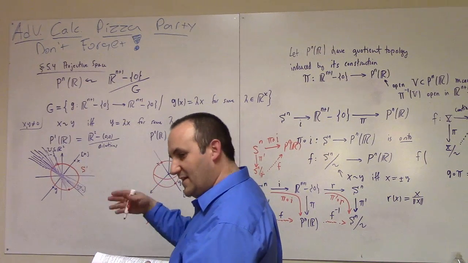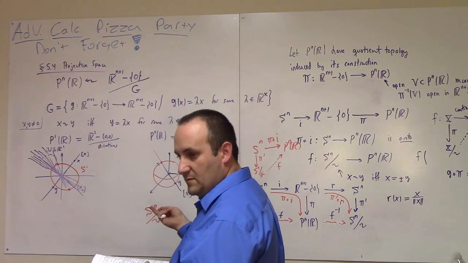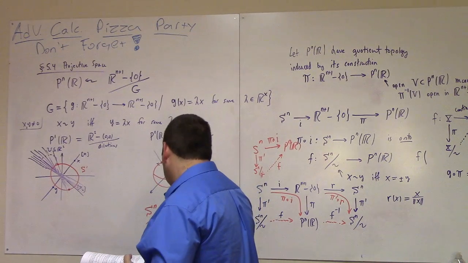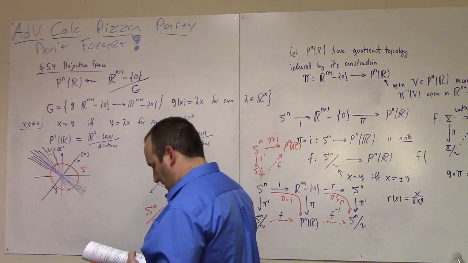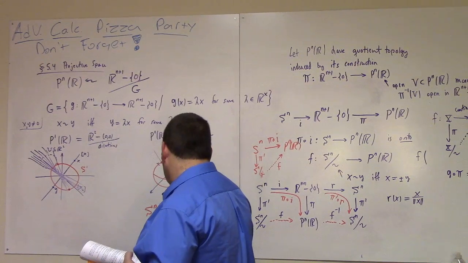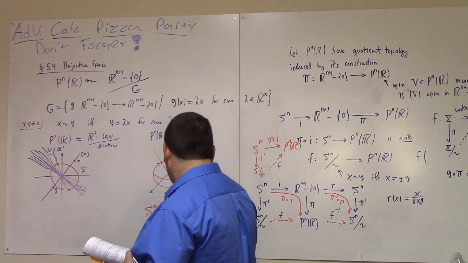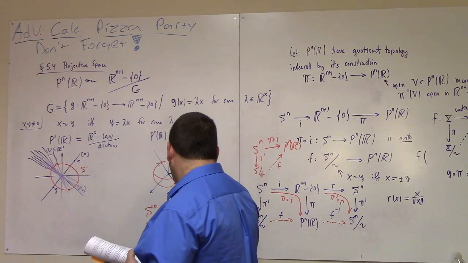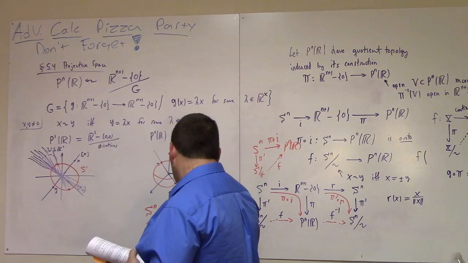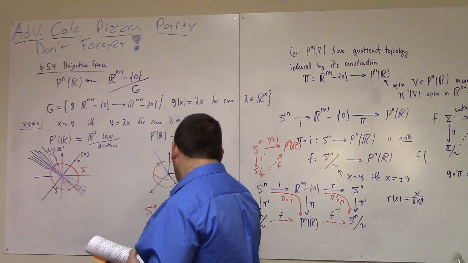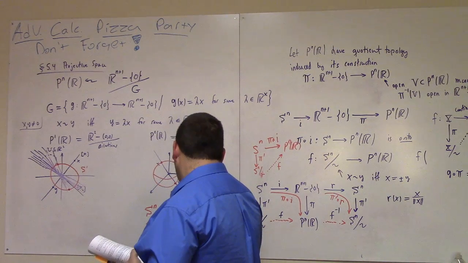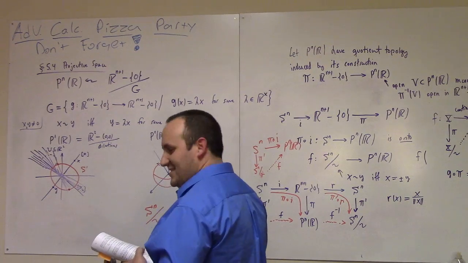If you invert again, you get back where you started, that's a 2-point group. So this is equal to Sn mod the group G, where G is just plus or minus the identity map. By the way, inversion is minus the identity map.